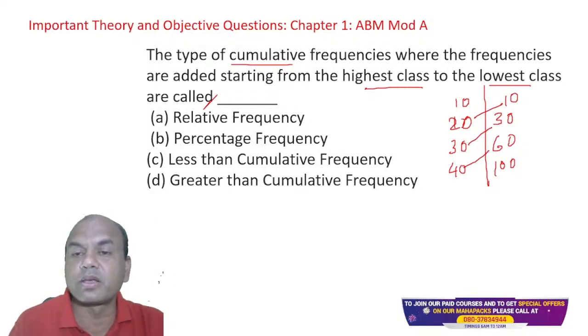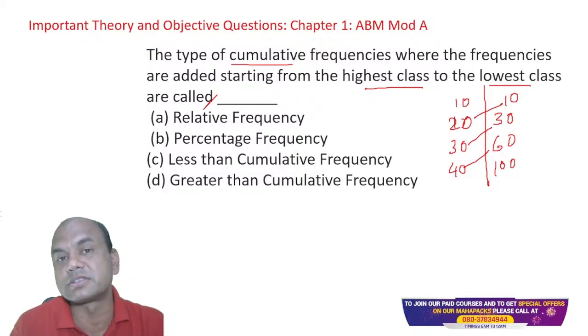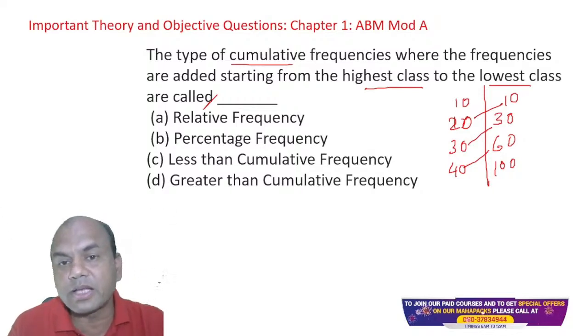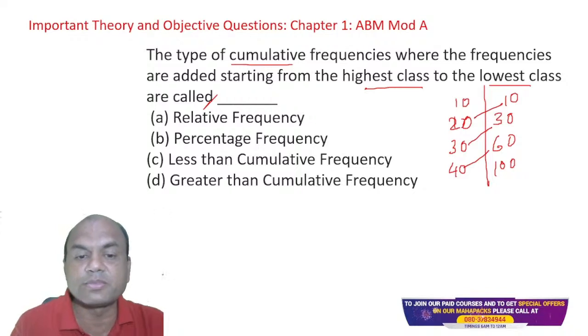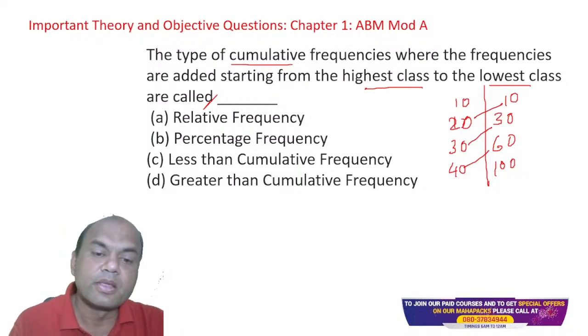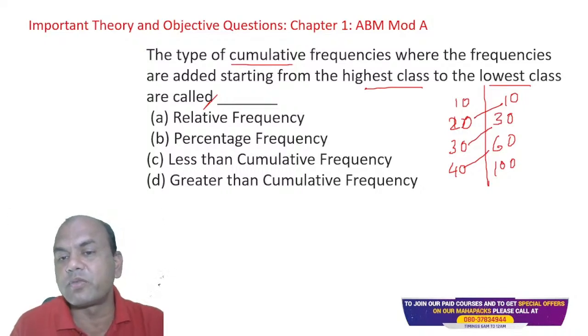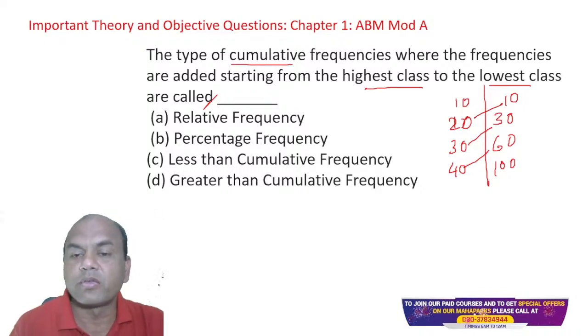The question is when the frequencies are added from the highest class to the lowest class. Highest to the lowest means what? What do you mean by the class? Suppose I am having these numbers only, 10, 20, 30, 40. Now what will I do? I'll divide these numbers into classes.